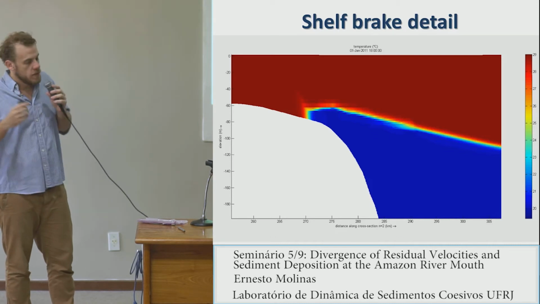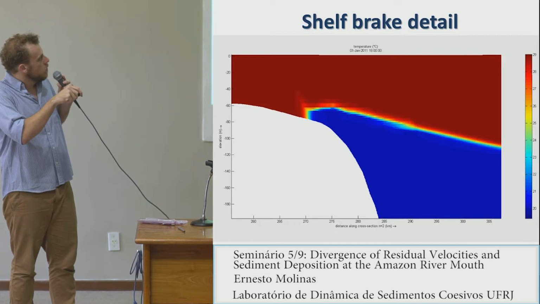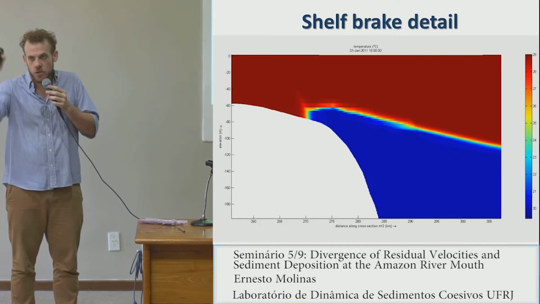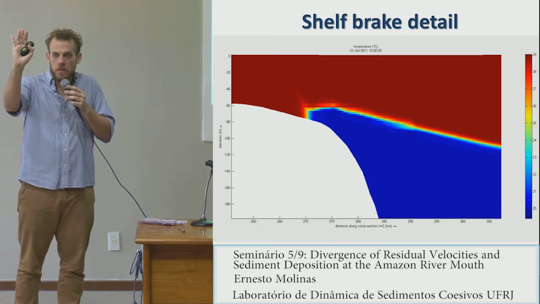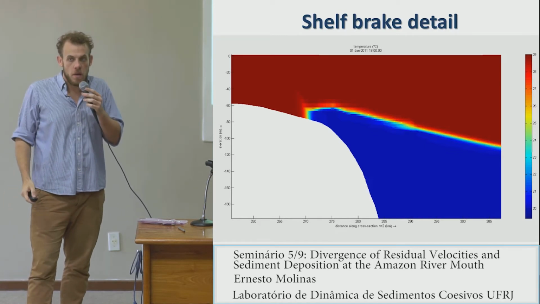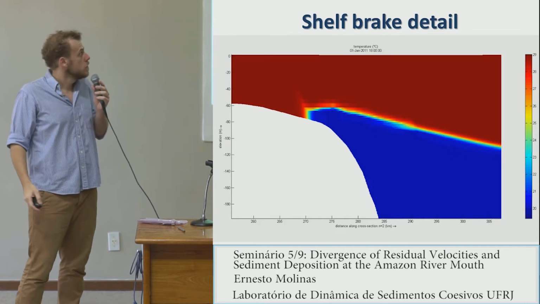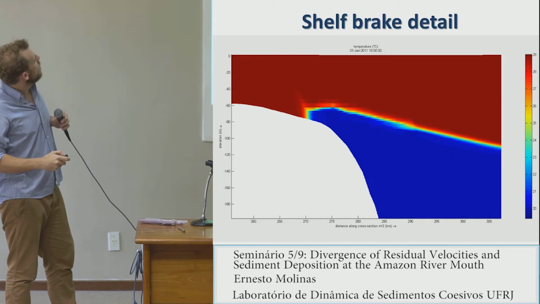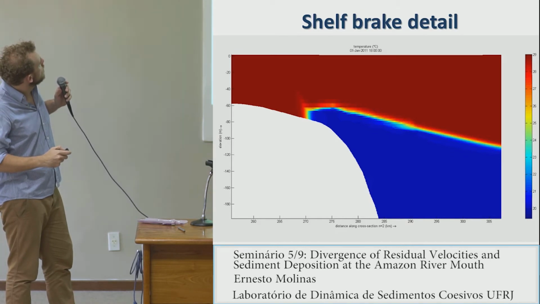We have this part of the residuals that suggests that these blue velocities are shoreward, so somehow it's blocking the advance of turbidity currents. But they are also enhancing turbulence at deep waters.